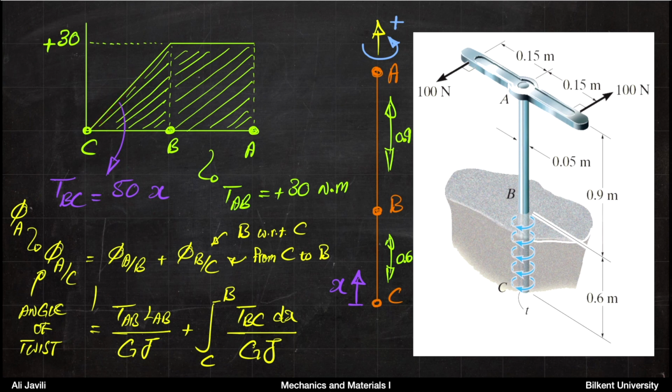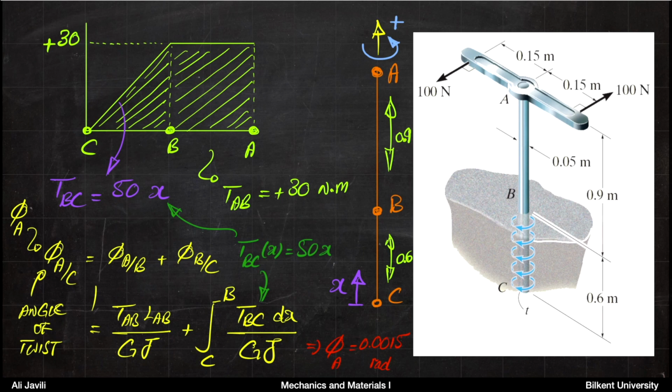Now, for T_BC, you just insert this. For T_AB, you just insert this. And if you do that, you can calculate the angle of twist at A, and that would be 0.0015 radian. So this is a very, very interesting problem.